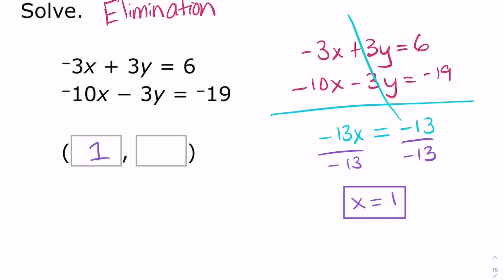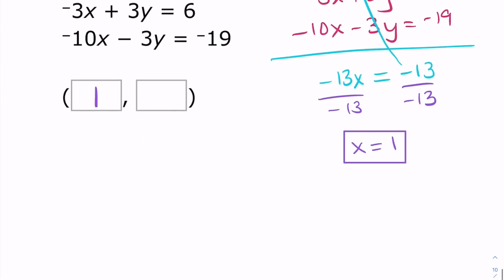And it was quick because I didn't have to move anything around. I didn't have to divide anything right away. I didn't have to substitute in. I didn't have to graph it. It would be very complicated to move everything around and graph it and do all of that work. But quickly here, I see that I get 1 as my answer for x.